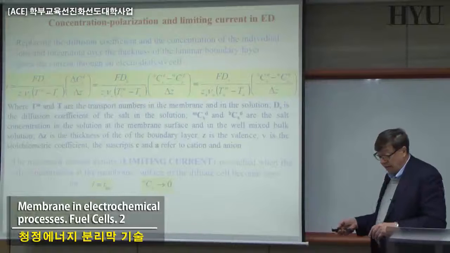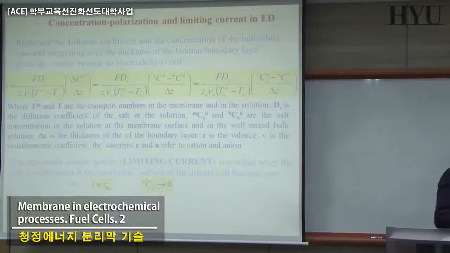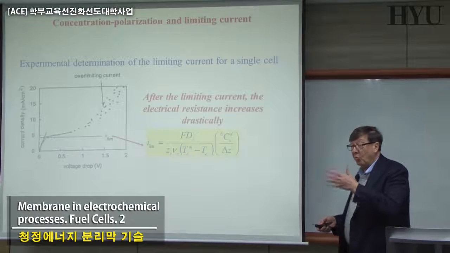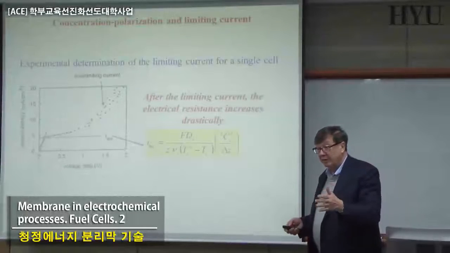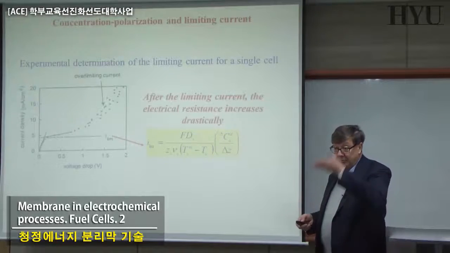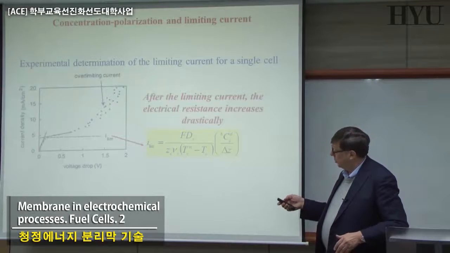What does it mean? If we are approaching this kind of current, as I was mentioning, and there are no more ions at the interface, the ohmic resistance of the system goes up, and that's what you measure when you are doing your experiments.